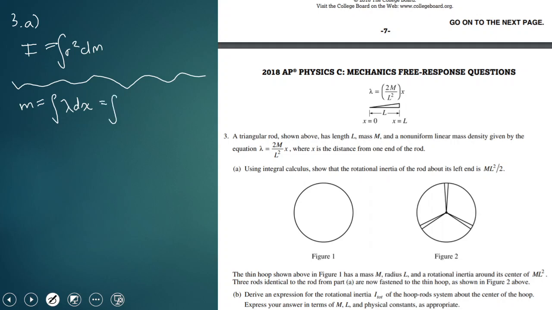And so what we can do is we can rewrite this integral by plugging in the information. So we have 2m over L squared times x dx. And so our dm is equal to lambda dx is equal to 2m over L squared x dx.